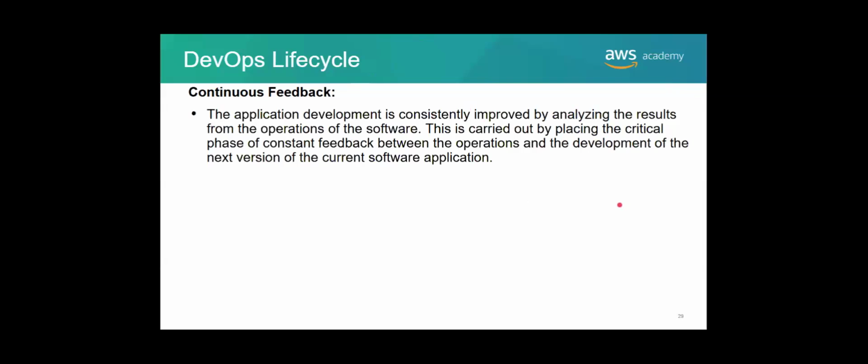In the software development lifecycle, we have constant feedback sessions, like feedback between the operation and the development team for the next version. That means before they go for the next version, they have to get all the feedback. What are all the things we want to change?